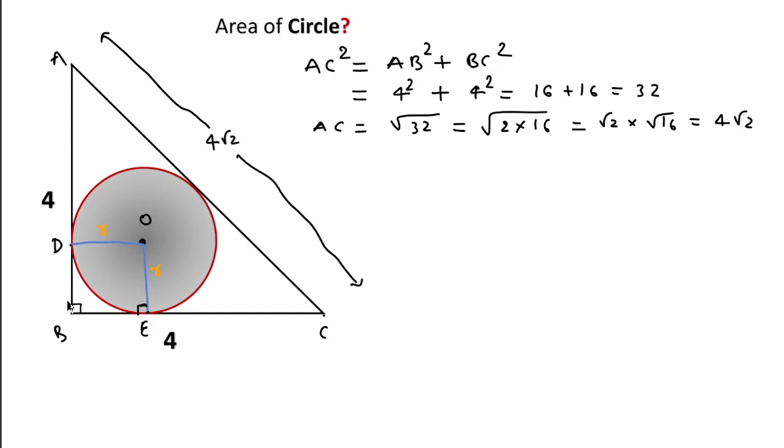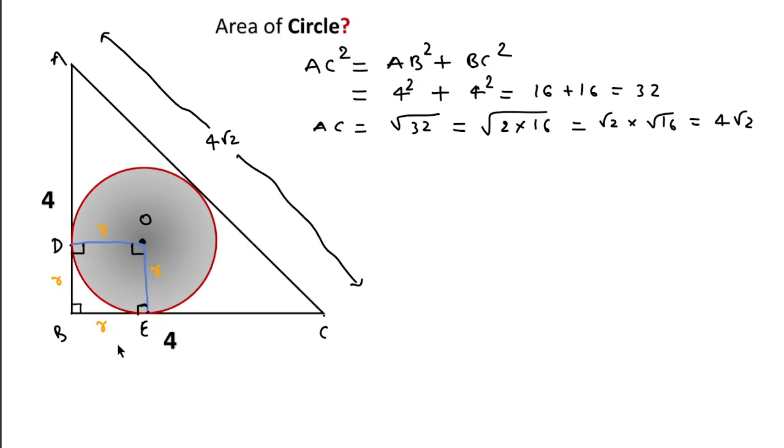Here also AB is a tangent, and this point D is a point of tangency, so this will be a right angle also. All three are right angles, so this will also be a right angle. So this is forming a square because two sides are radius, so this will also be the radius, this will also be the radius, that is DB and BE both are radius.